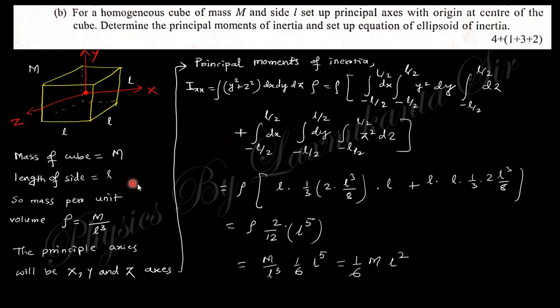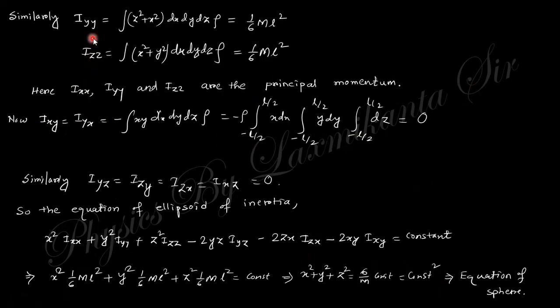Okay, so the mass of the cube is m and the length of a side equals L. So the mass per unit volume equals m by L cubed. The principal axes will be the x, y and z axes. The principal moment of inertia will be this one. Taking the integration, you will get this. Similarly for y and z, we will do like that.